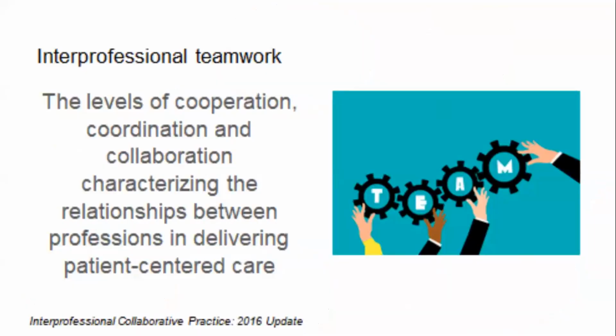Really what we're saying is that professions need to work together to provide that efficient healthcare, but to do that, you need to be cognizant that they need to learn how to do that together. So this is what we call interprofessional teamwork, where there needs to be cooperation, coordination, and collaboration in providing patient-centered healthcare.